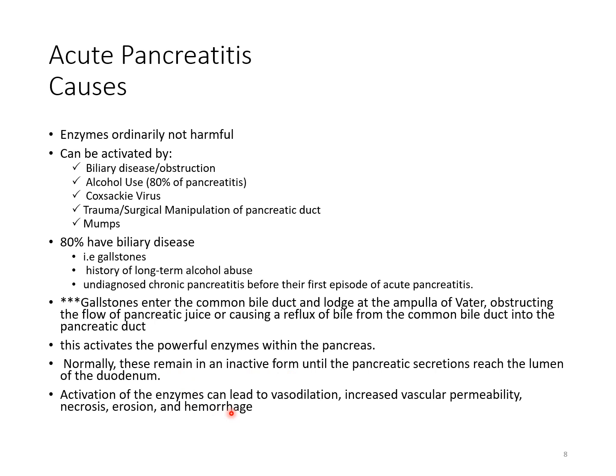But now they're getting activated too soon, too early. Keyword, too early, too soon, and not even in the right place. So you're getting things like vasodilation, increased vascular permeability, necrosis, erosion, and hemorrhaging. And remember, it depends on how much of it is activated and what's going on.